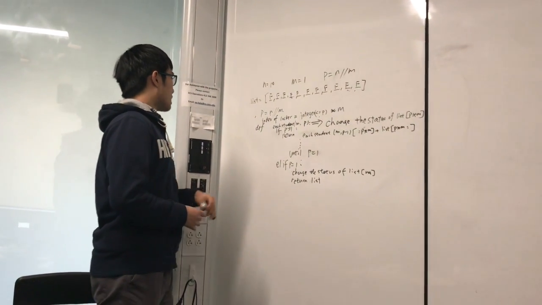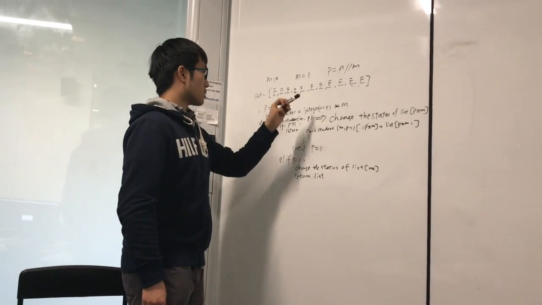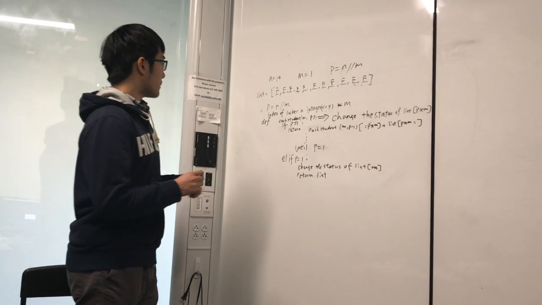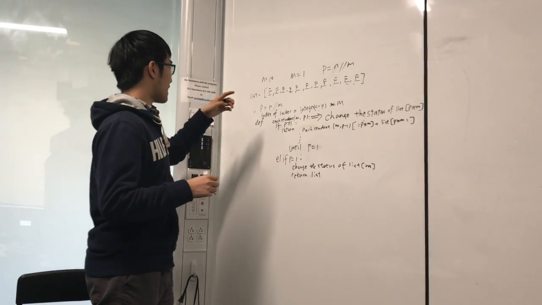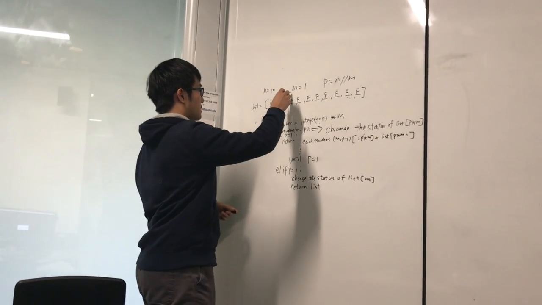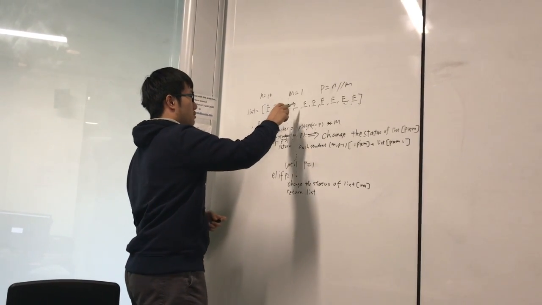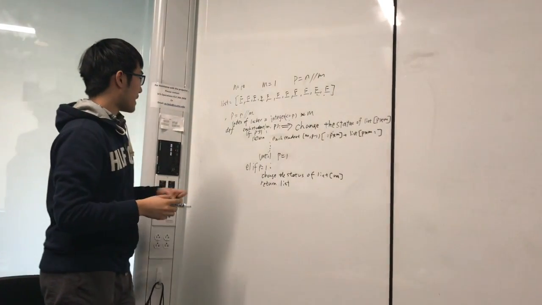We first set a list which represents all the lockers, and we will show the solution using an example of n equals 10. We also set the number m to be as small as possible, so we set it to 1, and p equals n double divide m.